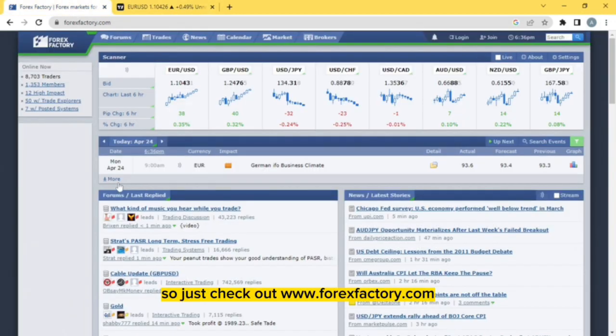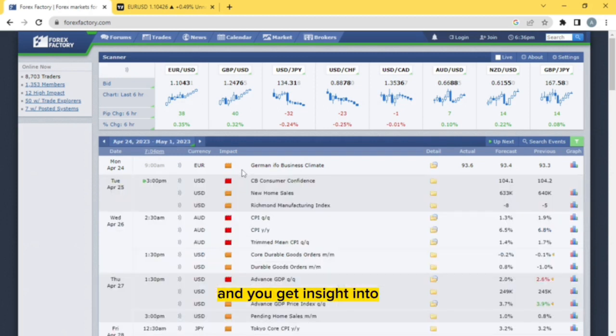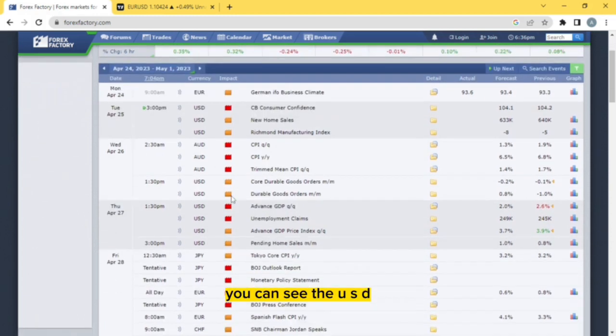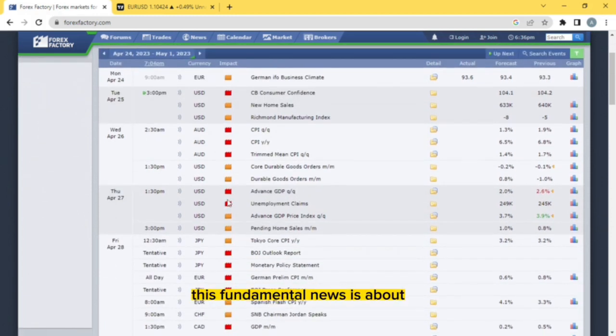Just check out www.forexfactory.com and you get insight into fundamental data or activities that can affect each of these currencies. On my screen you can see one that's affecting the euro, then you can see the USD. Definitely you'll be checking out what this fundamental news is about and looking forward to trading in the direction of the currency that's being favored.